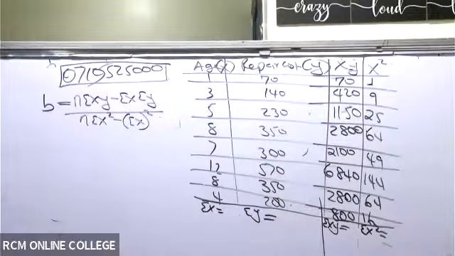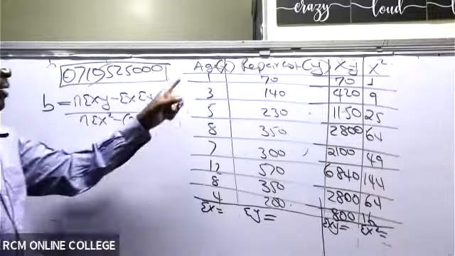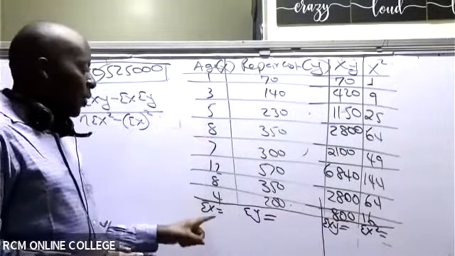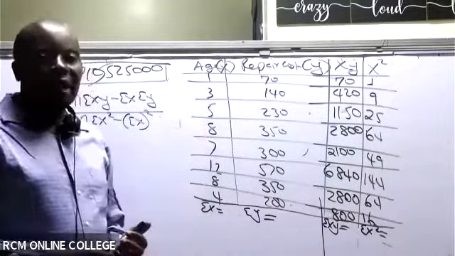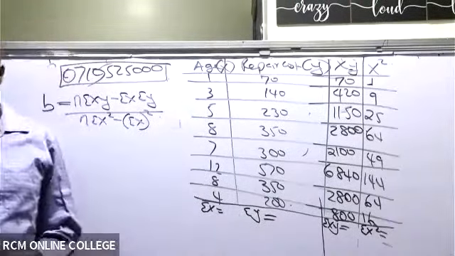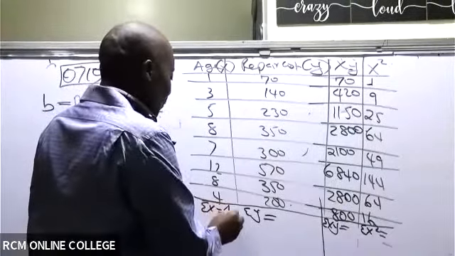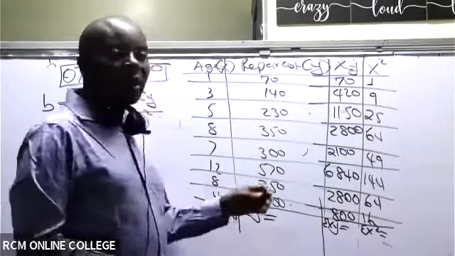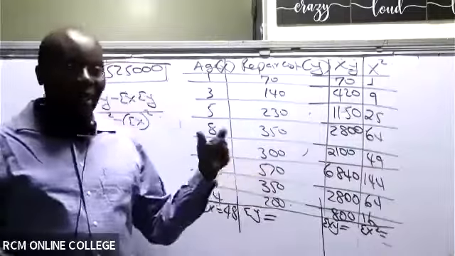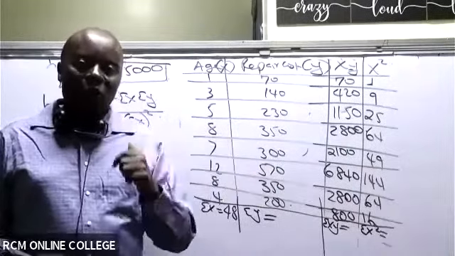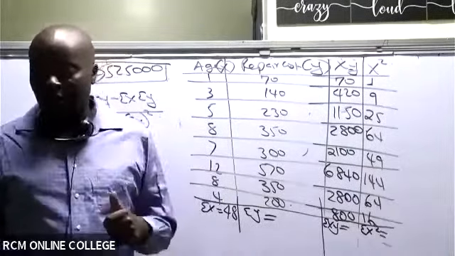Can somebody add here first? Tell me what are we getting for summation of x? From Kevin, thank you very much, Kevin, we are getting 48 for summation of x. Remember, there's a shortcut of getting these numbers using your calculators directly. I'll show you the shortcut as well.